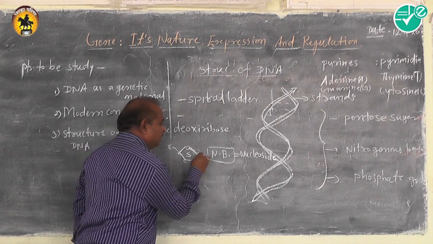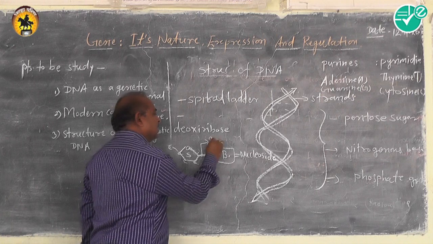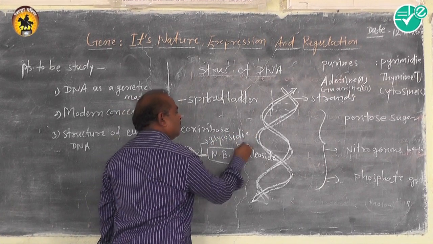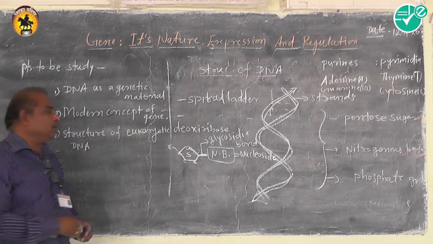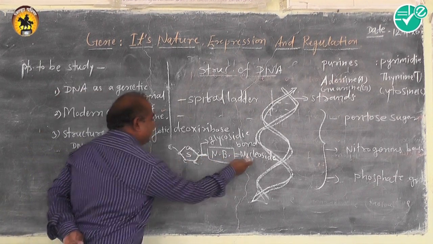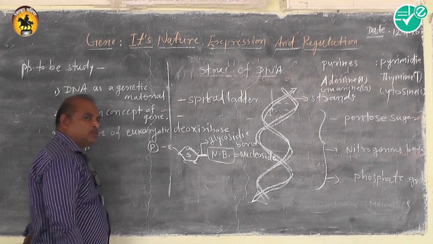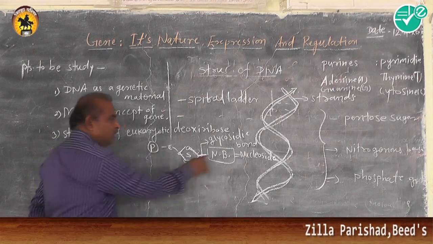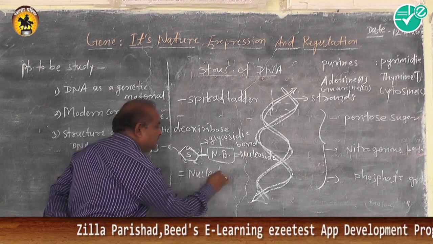The bond between the first carbon of the sugar and the nitrogenous base is called the glycosidic bond. Now, whenever a phosphate group from phosphoric acid is attached to the nucleoside at the 5th carbon, the structure is now called a nucleotide.